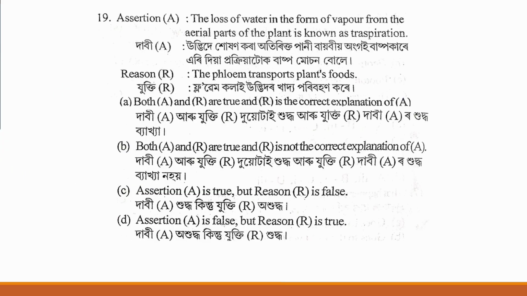Question number 19. This type of question, assertion and reasoning, you should 100% expect in the upcoming HSLC examination. Here one assertion and one reason are given. Assertion: the loss of water in the form of vapor from the aerial parts of the plant is known as transpiration.